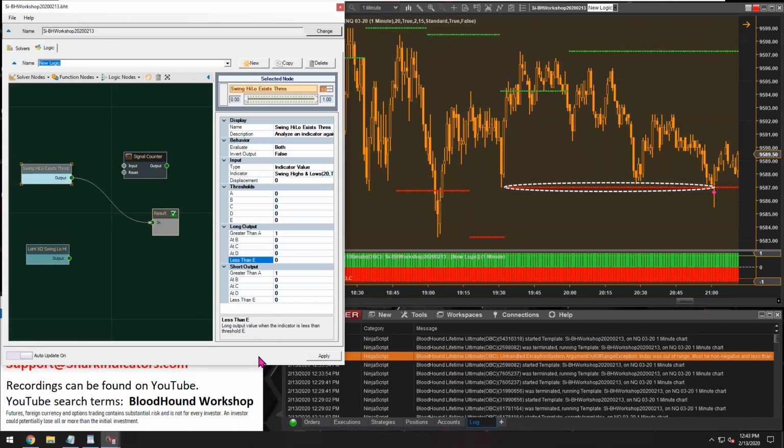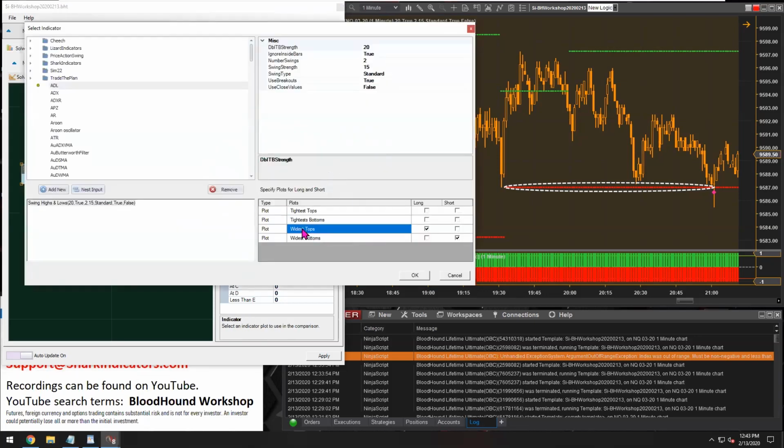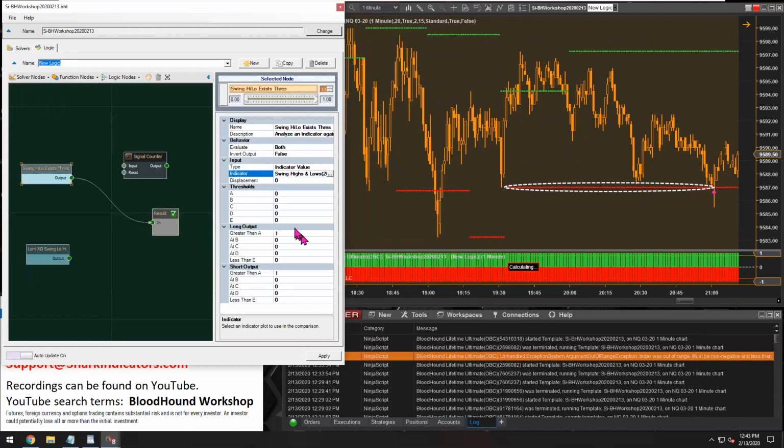All right. Now, what are we doing here? Basically, we're comparing the widest tops and the widest bottoms plot to a value of 0.